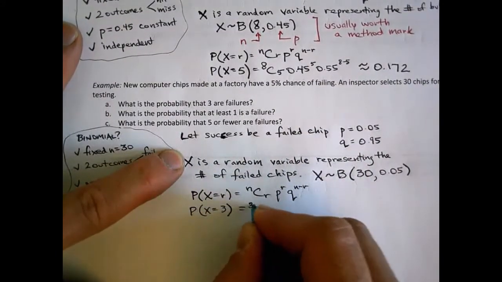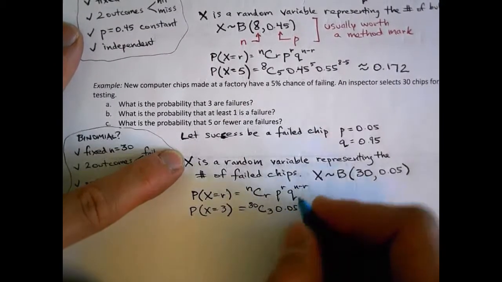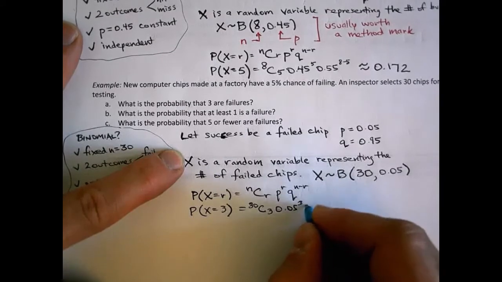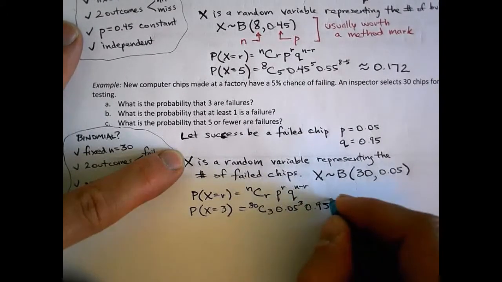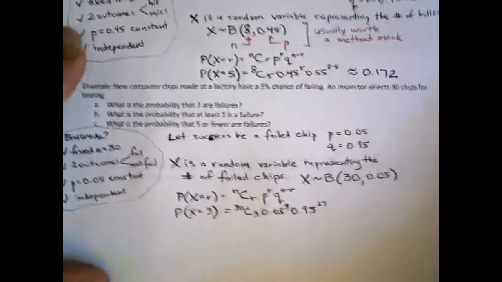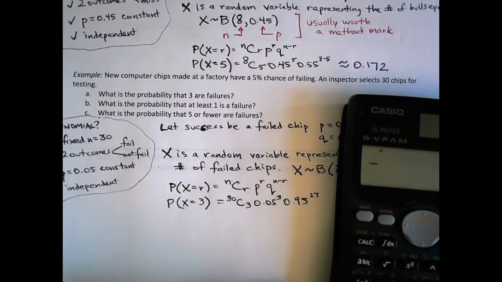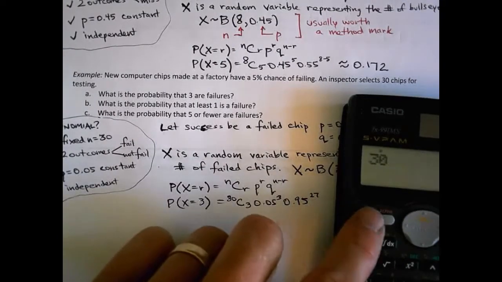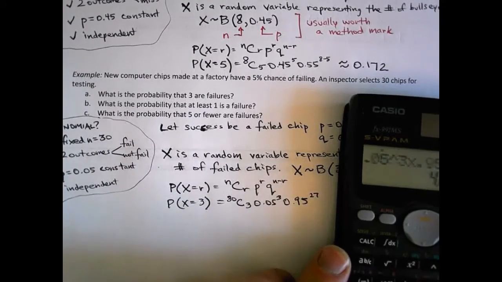Well, it would be 30 choose 3, 0.05 to the power of 3, 0.95 to the power of 30 minus 3, which is 27. And I get 30 choose 3 times 0.05 to the power of 3 times 0.95 to the power of 27.